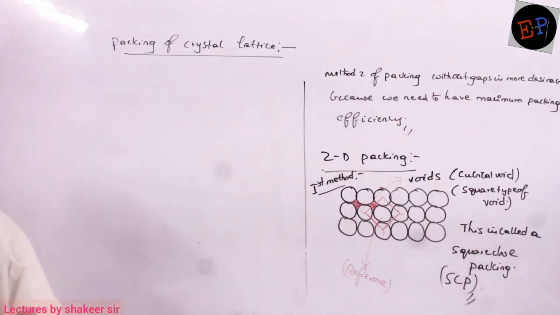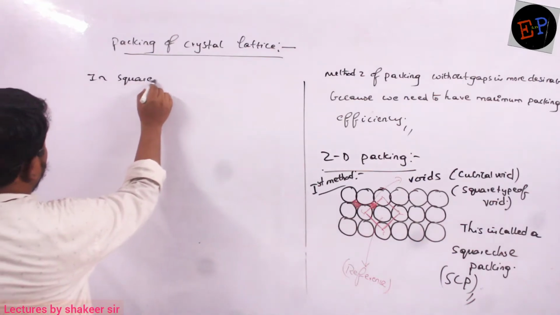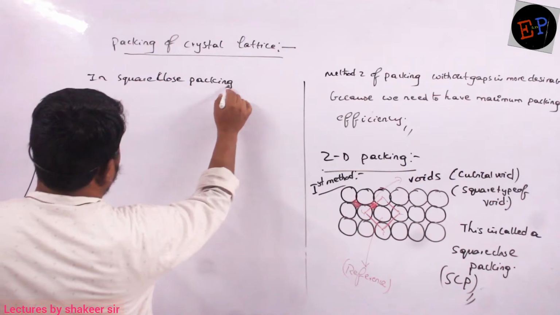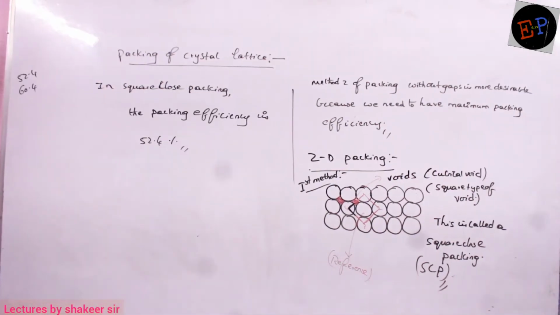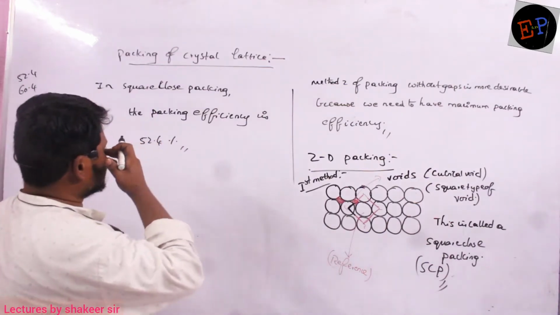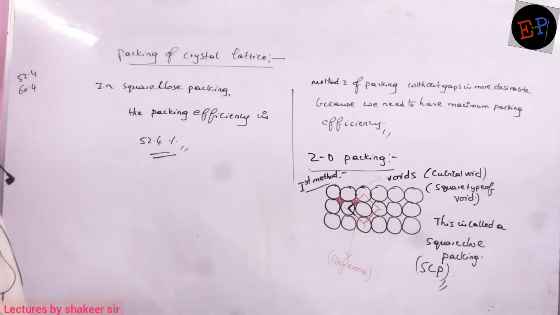Okay? So see, the packing efficiency of square close packing is how much? 52.4.